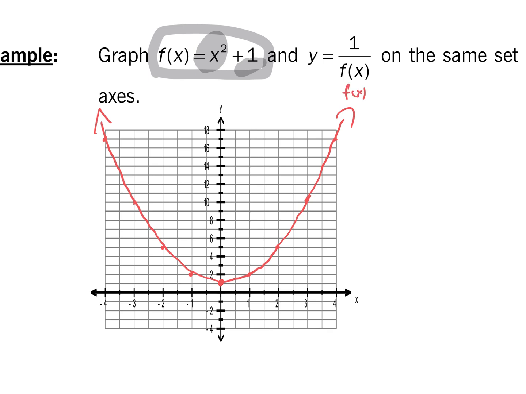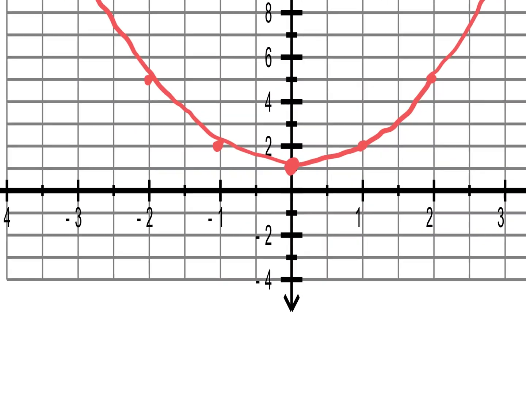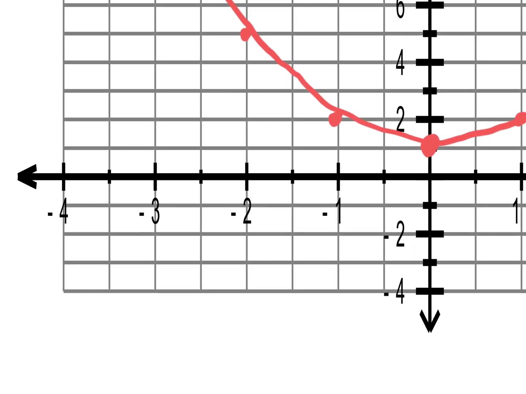So to draw the reciprocal of this, it's not super nice or fun or awesome, but really what we do is we find that anchor point of 1. The anchor point of 1 is right here. Let me use blue, it'll stand out more. As the graph gets bigger and bigger, my reciprocal is going to get smaller and smaller.